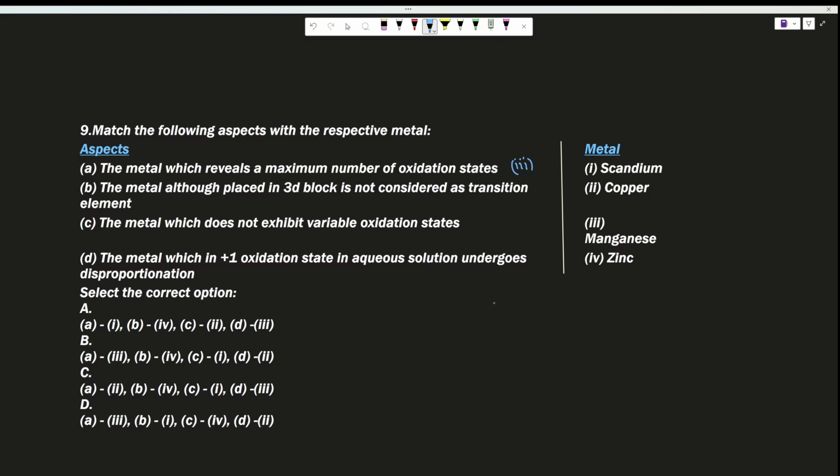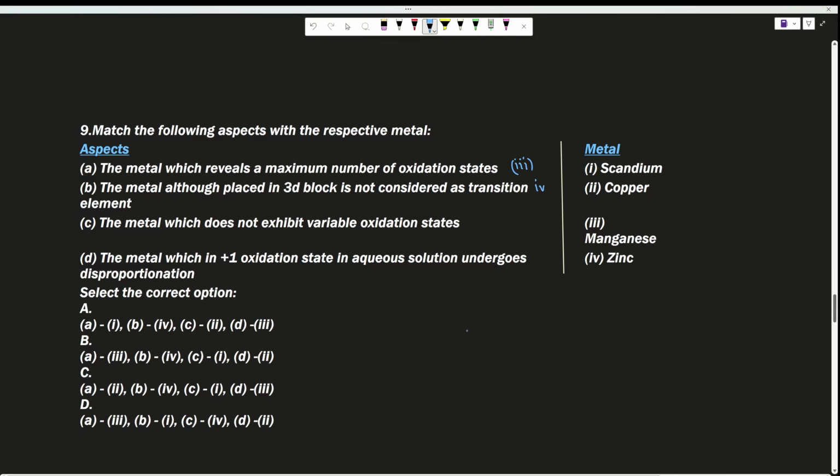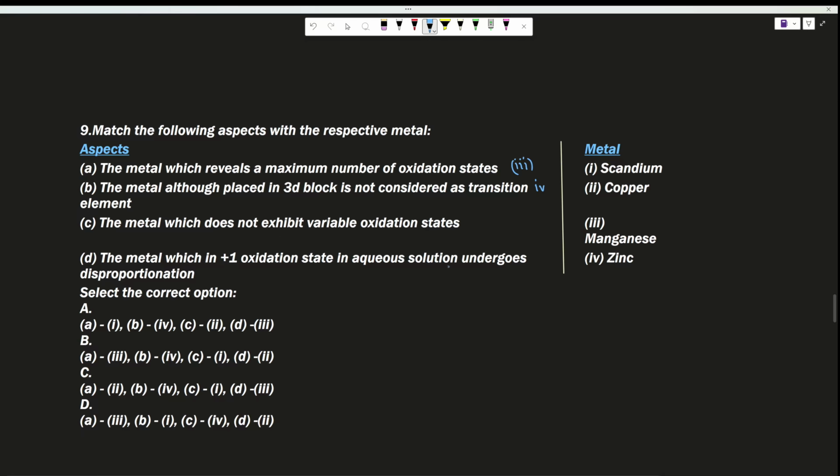Then the metal which, although placed in the 3d block, is not considered a transition element. We know that it is zinc because it has completely filled d orbitals. Then the metal which does not exhibit variable oxidation state.